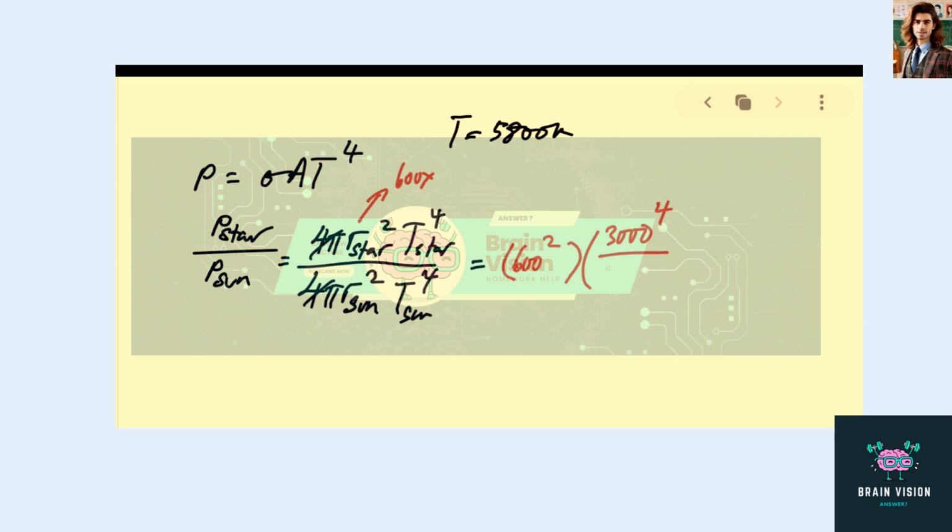Temperature of our sun is 5800 to the power 4. Right, so taking this ratio, we should get about 3 times 10 to the power of 4. Therefore the star actually radiates about 30,000 times as much energy per second compared to our sun.